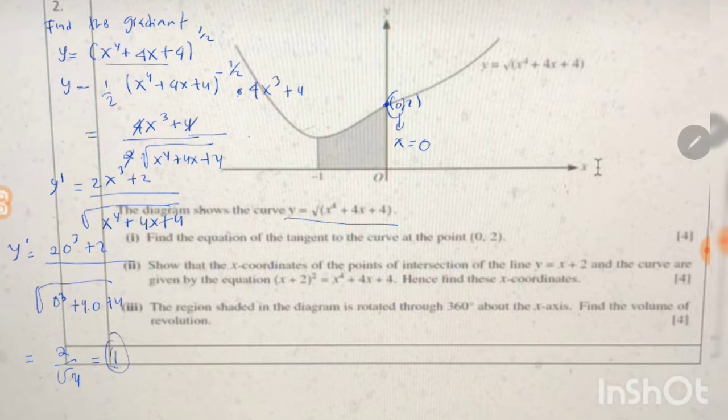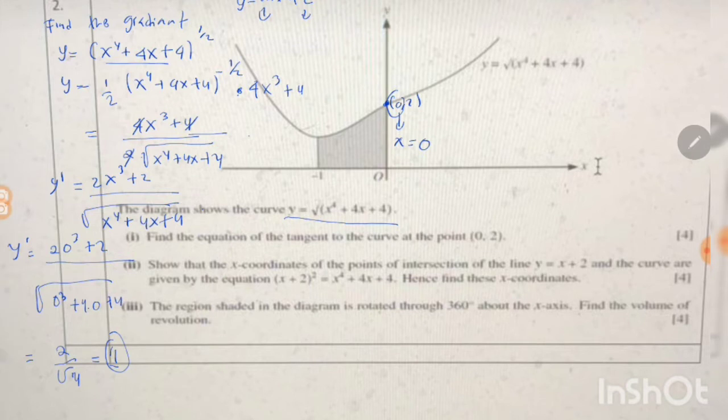After you got the gradient, you find the value of c, because our tangent line equation is y equals mx plus c. In this case we already have m. Our m here equals 1. Now you find out c. To find c, you use this point, right? So our point that we are going to use is (0, 2), which simply means that y equals 2.